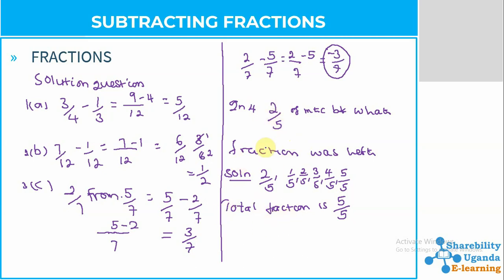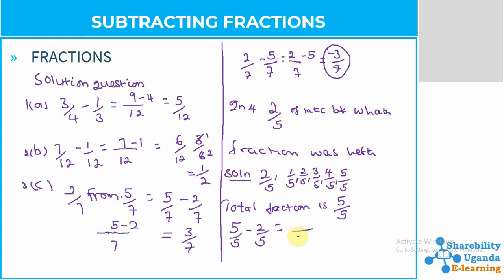Now when they are saying what fraction was left, that simply means this guy was able to read 2 out of 5, but there are some remaining. So how do we get those remaining? We shall say 5 out of 5 minus 2 out of 5.